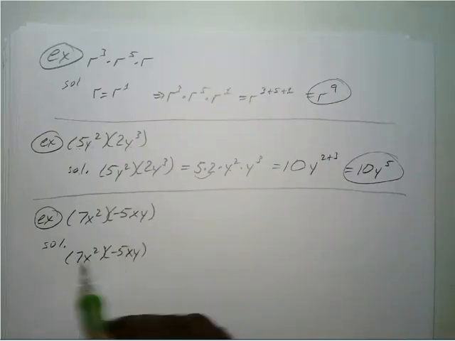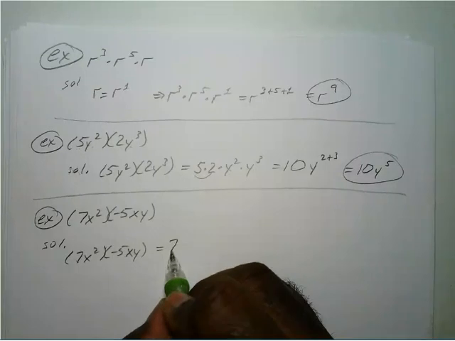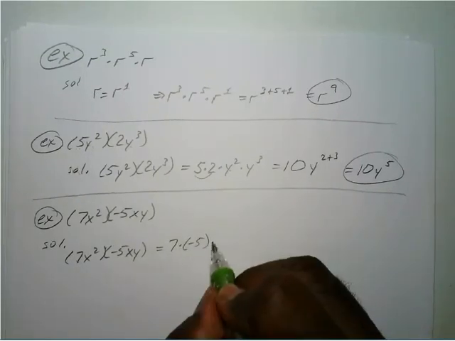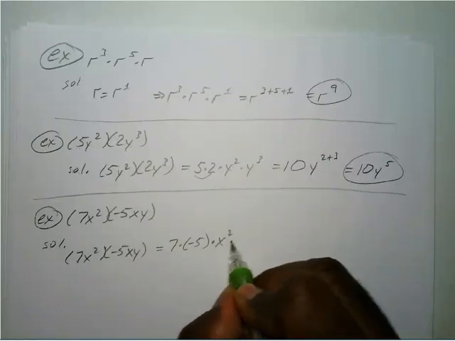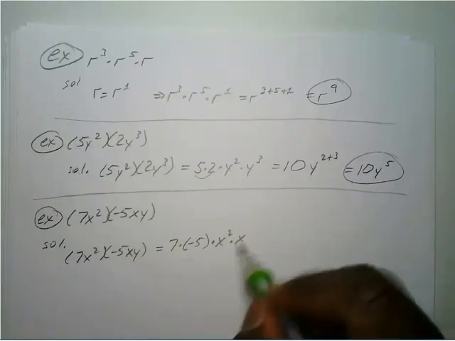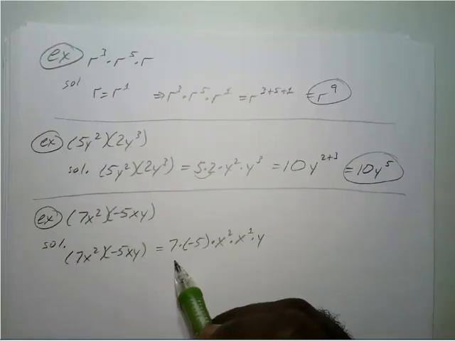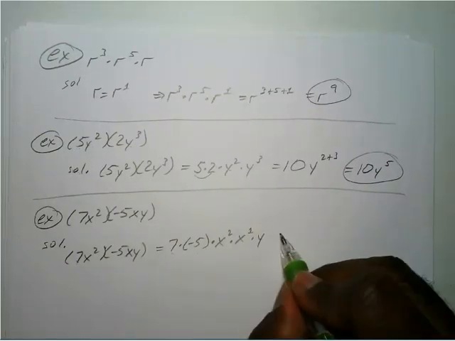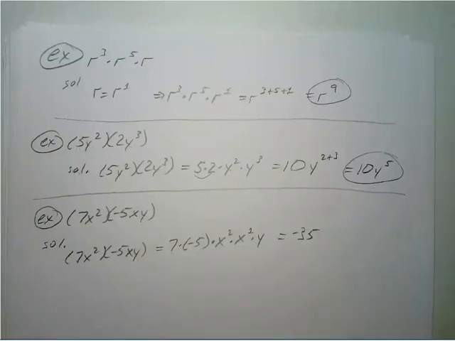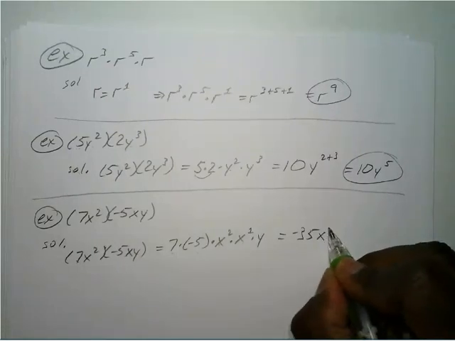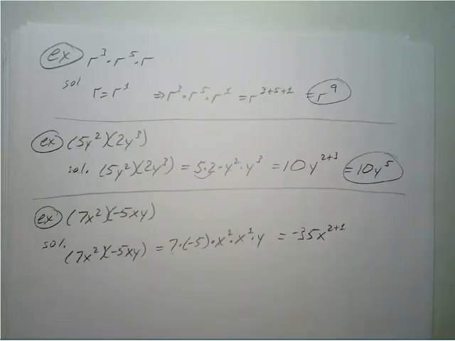You're just going to multiply your numbers: 7 times negative 5, times x squared times x, or you can make that x to the 1st power, times y. 7 times negative 5 is negative 35. x squared times x to the 1st is x to the 2 plus 1.